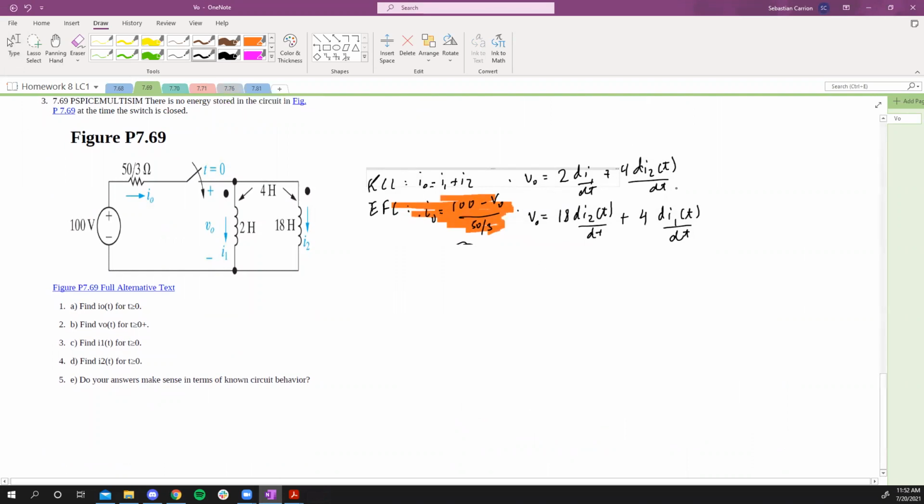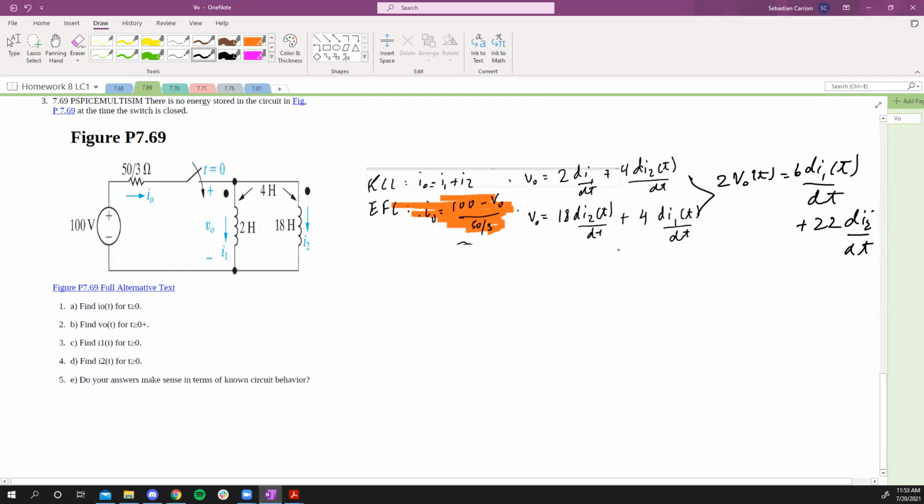So then we can say 2 V naught of t equals 6 di1/dt plus 22 di2/dt.